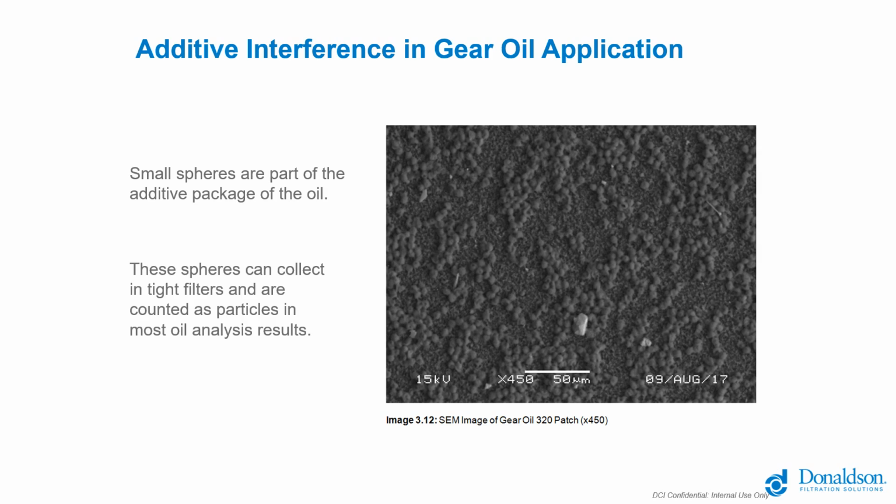They're not there to do damage. They're part of the additive package in the oil, but they can overwhelm the counter and cause it to give high numbers over and over and over, making people believe that the system is not filtering the debris out.